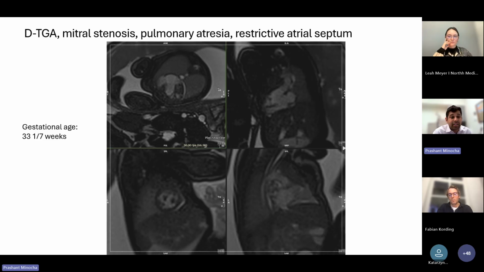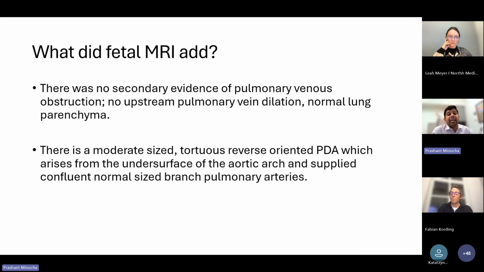Here you could see in the short axis plane a very dilated RV and a smaller left ventricle. The aortic arch was unobstructed, and you could see a ductus as well from the underside of the aorta. So what did fetal MRI add in this case?